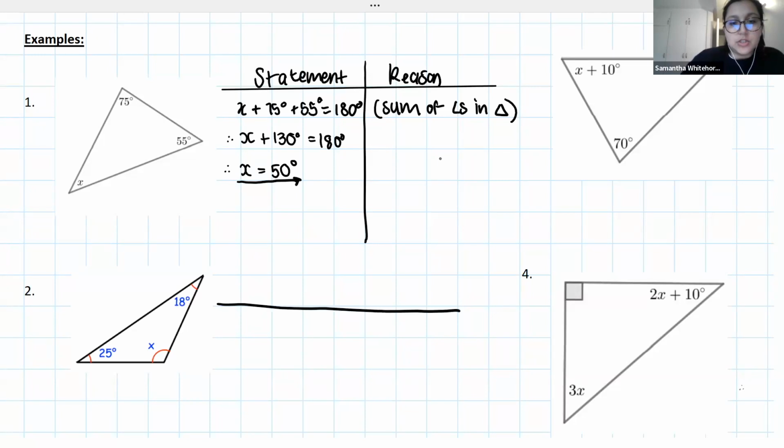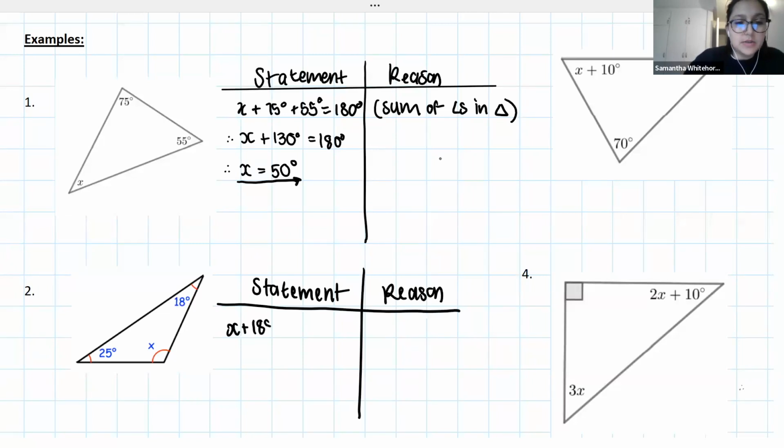When we get to question 2, it's basically exactly the same thing. We've got 2 of our 3 interior angles. We're going to add them all together so that we can solve for x. x plus 18 degrees plus 25 degrees must give us 180 degrees. Same reason: sum of angles in a triangle.